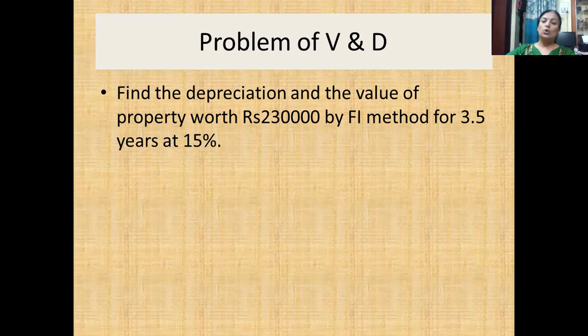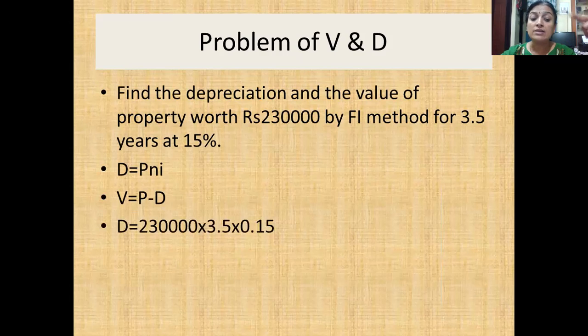And I is equal to 15% or 0.15. So write down the formula. D is equal to PNI. Then after calculating D, we have to calculate V, that is, V is equal to P minus D.